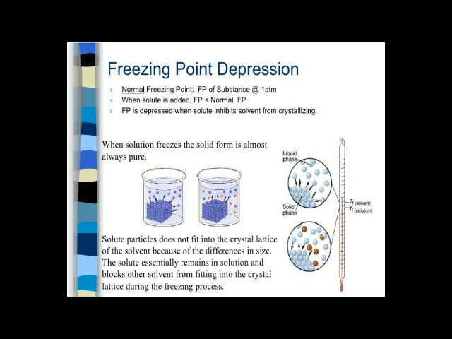When we add solute to the pure solvent, the freezing point decreases. Lowering is otherwise known as depression. So, the third colligative property is freezing point depression. In this term, when we add solute particles, the number of particles increases and the freezing point decreases.